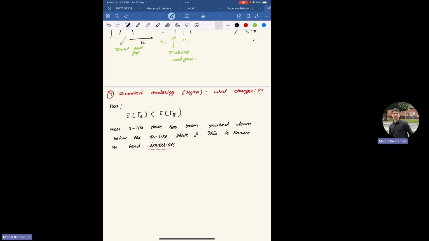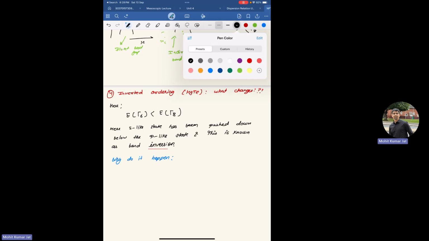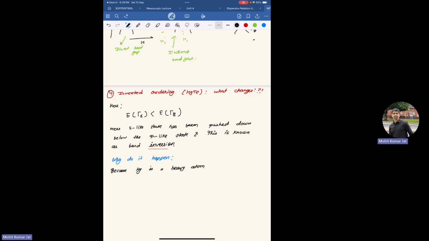And why does it happen? Because mercury is a heavy atom with strong relativistic effects.